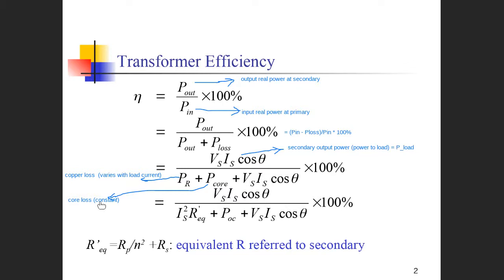And the core losses, for the transformer, are related to the voltage applied. But the voltage is usually a constant, so the core loss is constant.